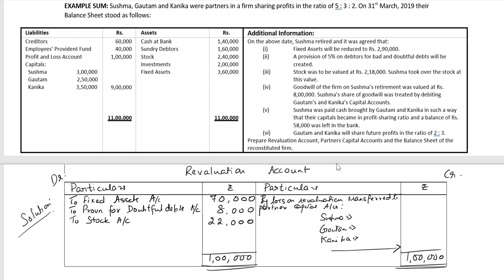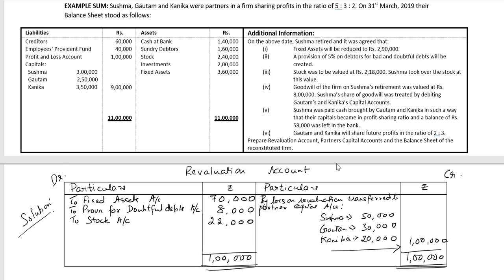Total amount of loss 1 lakh rupees to be divided in their OPSR 5:3:2. So we have 50,000 rupees against Sushma, 30,000 rupees against Gautam, and 20,000 rupees against Kanika.